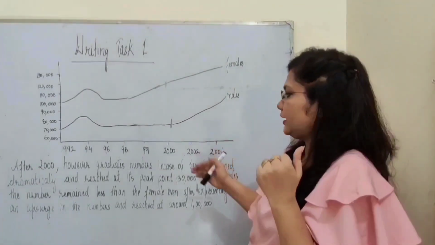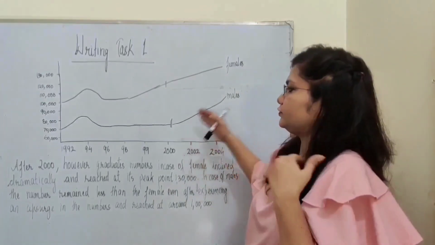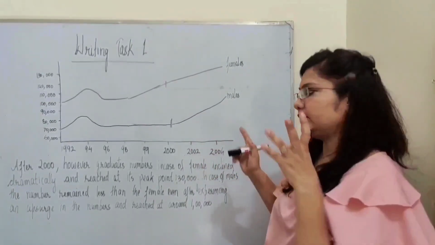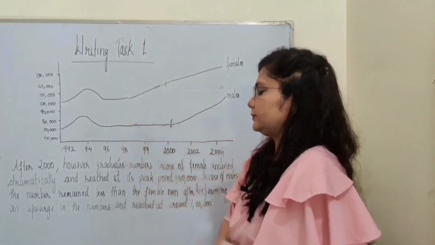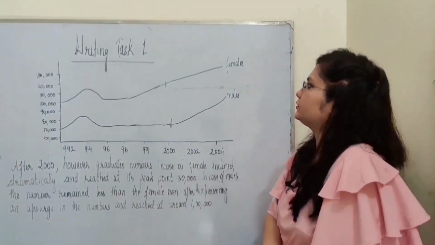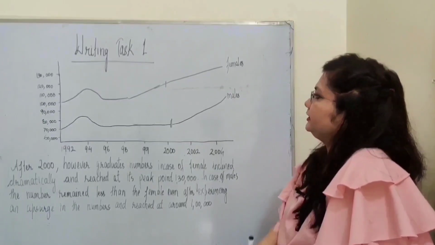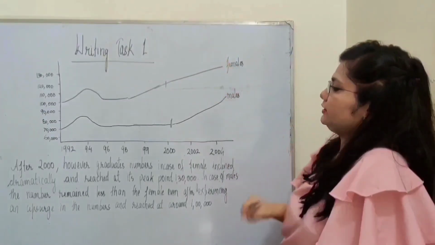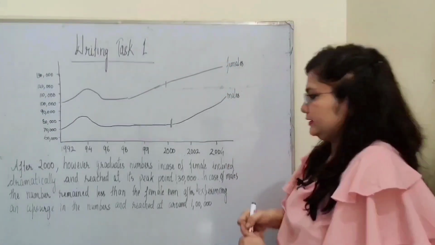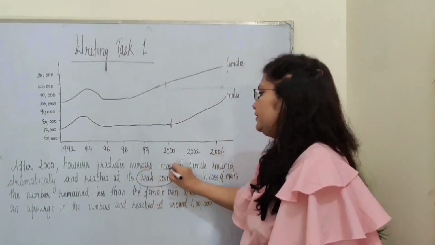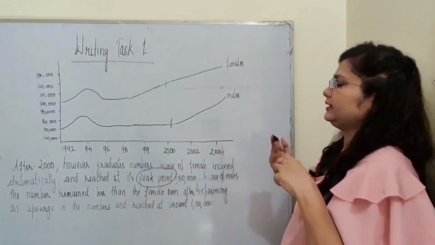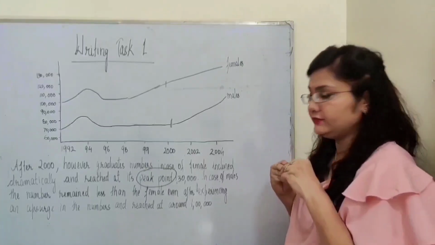Now we are going to describe what happened after 2000, because in body paragraph 1 we have written before that. So if you see, after 2000 the number of females inclined dramatically and reached their peak value. You can write this whenever you are saying that something has reached its highest level.